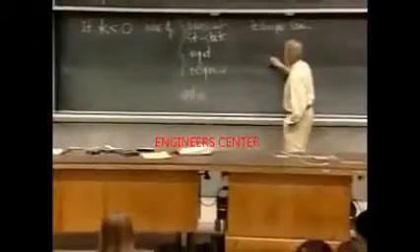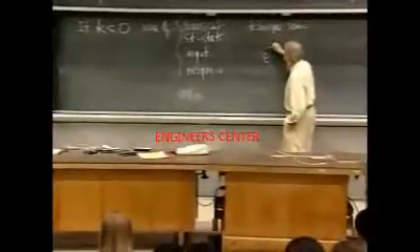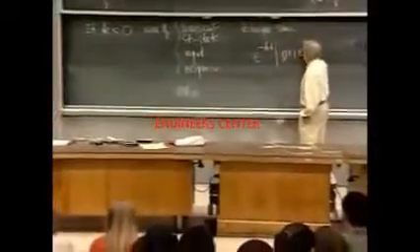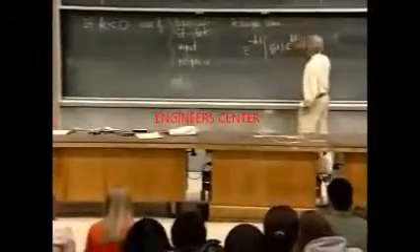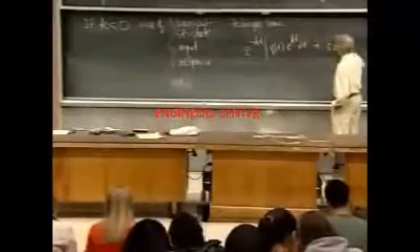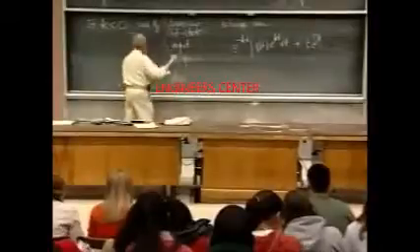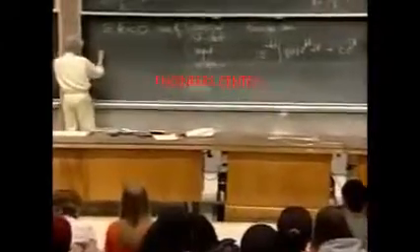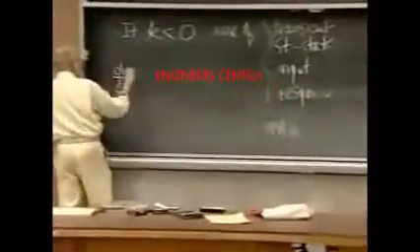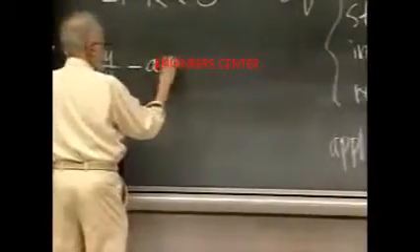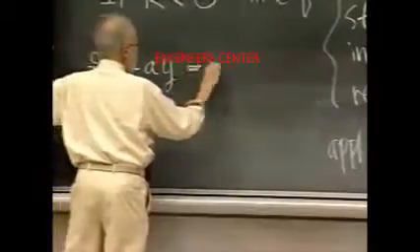In other words, the solution will still be e to the negative kt, integral of q of t e to the kt dt, plus a constant times e to the negative kt. Let's give an example. The equation I'm going to look at looks like this: y prime minus a y equals q of t, let's say.